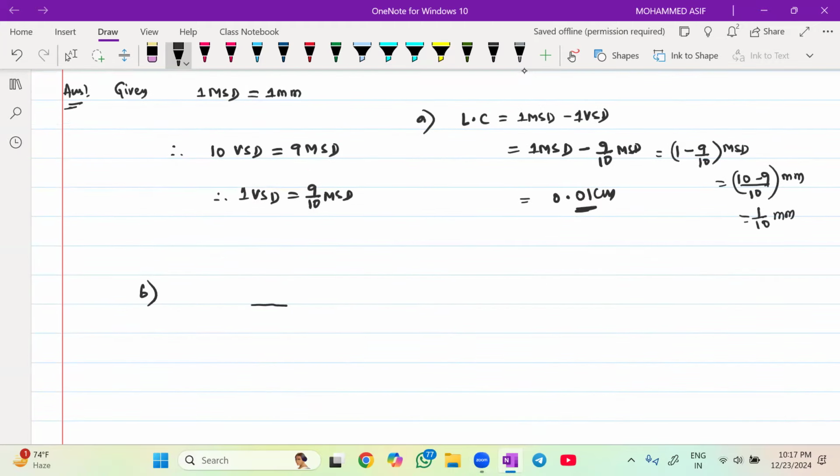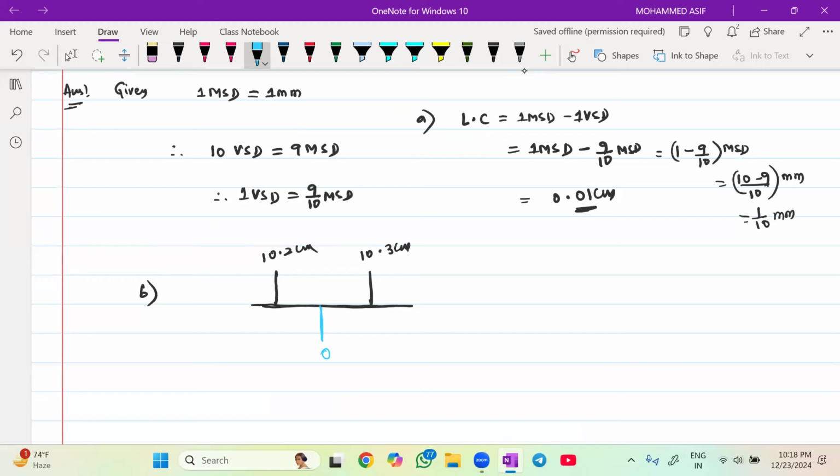If this is the main scale, beta, there is a reading somewhere here. This one is 10.2 centimeter, and here the reading is 10.3 centimeter. It is telling that the zero of the Vernier scale, that means the lower one, this is the zero of the Vernier scale. The blue one is the Vernier scale and the black one is the main scale. Better you understand that one.